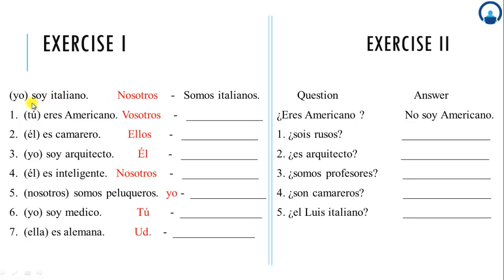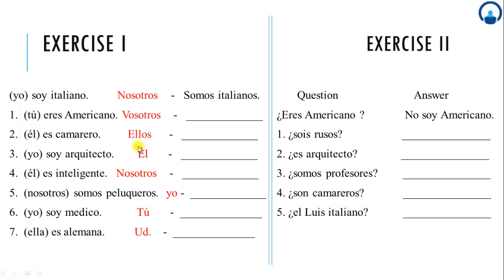Before converting, it was yo soy italiano, and after converting according to the subject pronoun nosotros, we have the answer as somos italianos. So we have somos, which corresponds to nosotros, and since the original statement yo soy italiano was singular, and nosotros is plural because there is a group of persons, italiano also changes to italianos.